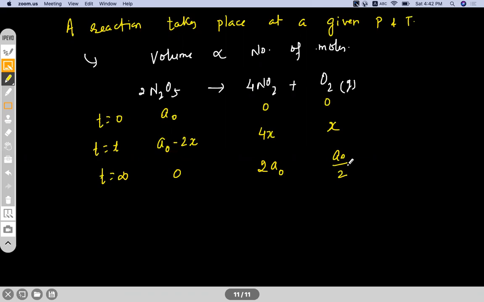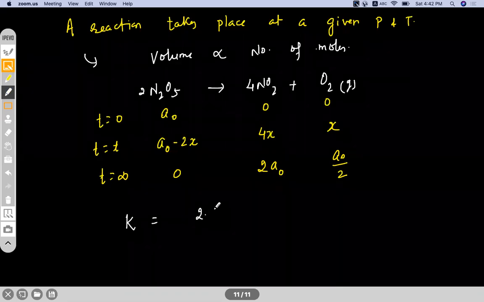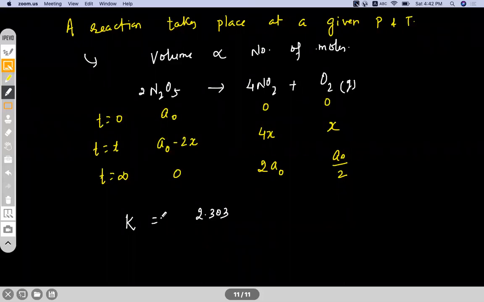Okay. So if I write down the expression of K in terms of the concentration, it is 2.303 by t log of A naught by A naught minus 2x.